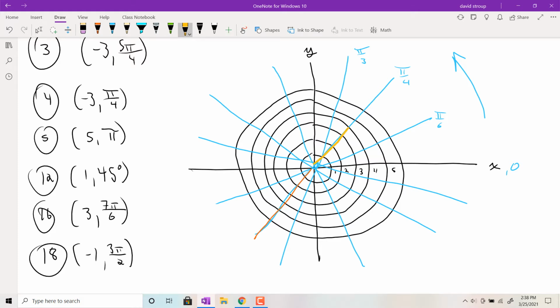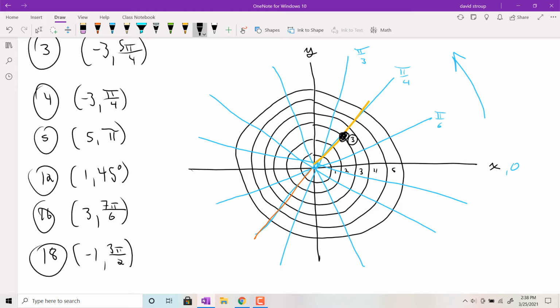Put it in yellow here. Okay, so it's negative, so it's going to be on that yellow part of the arm. So you're going to go 1, 2, -3, and that will be the first point. I'll just label it with its problem, 3.